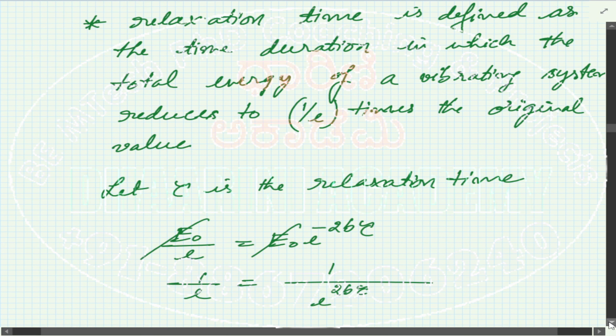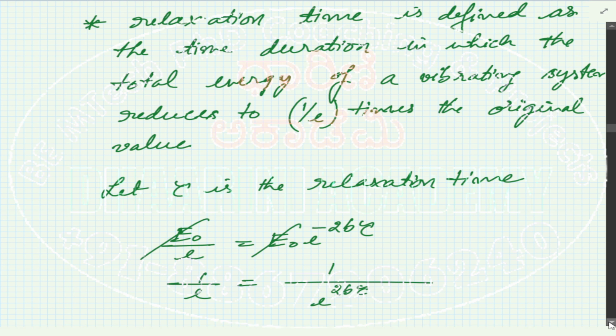Right. Now the relaxation time is the time in which the energy falls to 1 by e times. This means, in order to find tau, let us equate both the equations, E0 by E and equation 2.